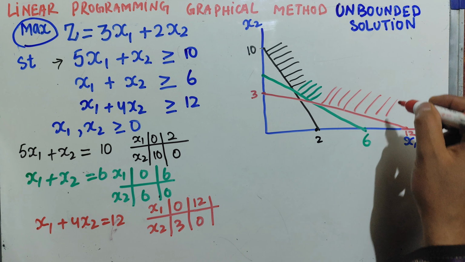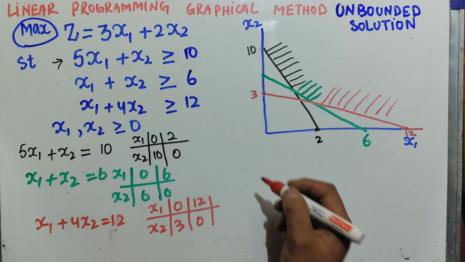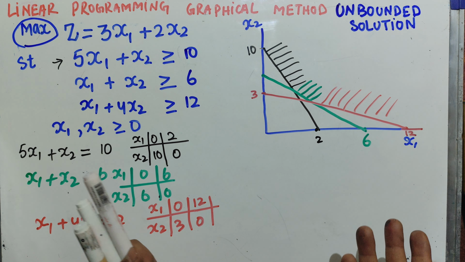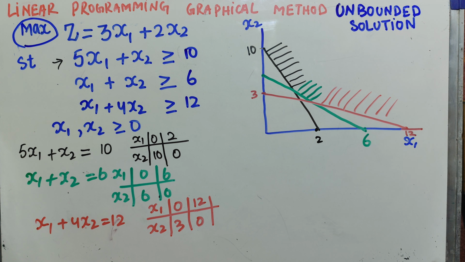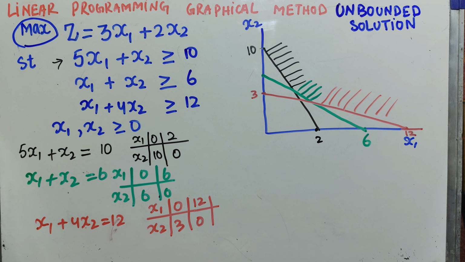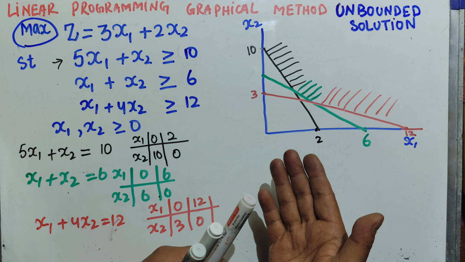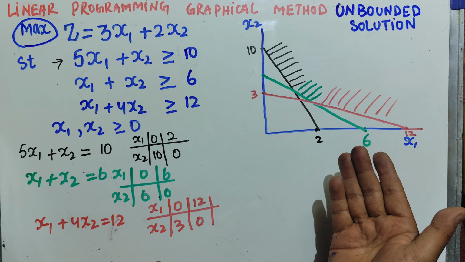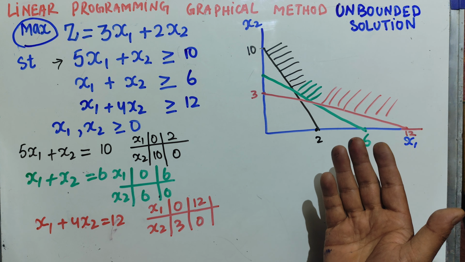So we will get an unbounded solution. We get a problem of what we call unboundedness. In the unbounded case we say the feasible solution is unbounded. That is, there are points in the feasible region with arbitrarily large z values of the objective function.